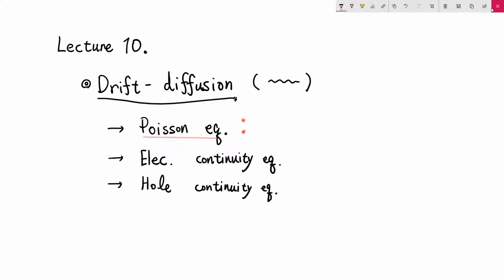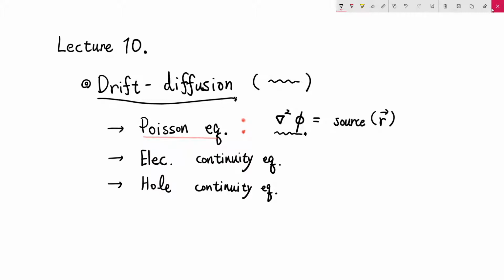In general, if we have a certain unknown variable and its Laplacian operator is given by a certain source term, which can be a function of position, then this specific form is called the Poisson equation.